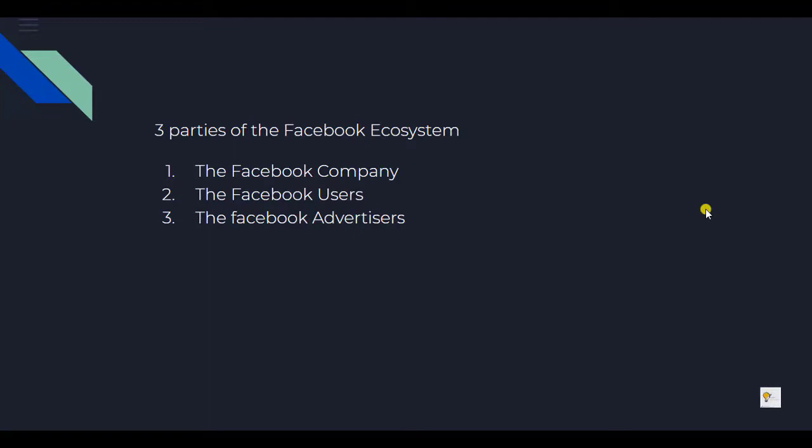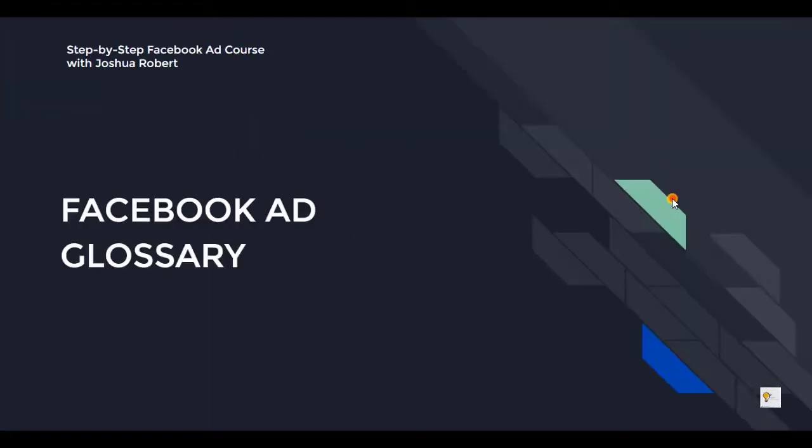Now you as the Facebook advertiser pay the Facebook company to help you show your product or service, your ads, to the Facebook users, so that in return the users buy your product. You are happy, the user is also happy because they got a good product from you, and also the Facebook company is happy because you paid them to help you run your service.